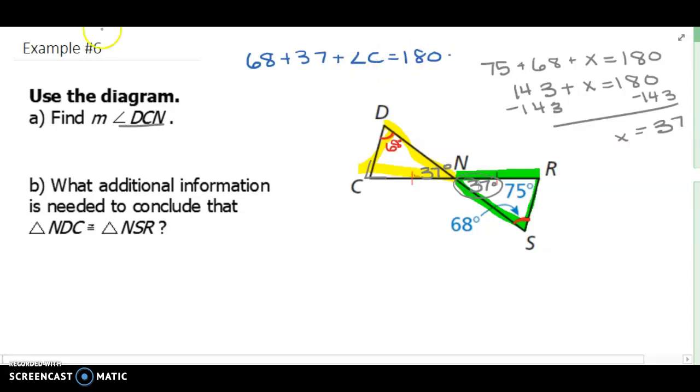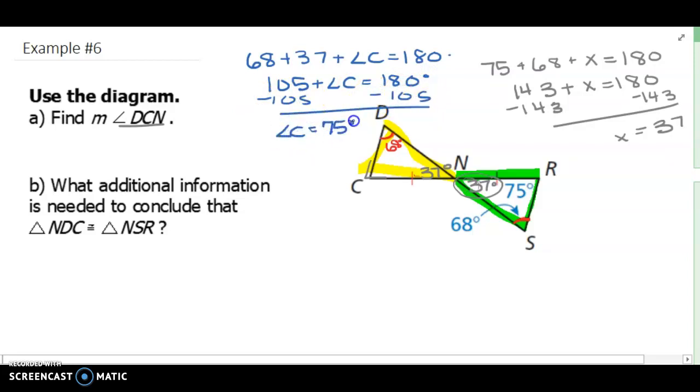And 68 plus 37 is 105 plus angle C equals 180. Subtract 105 from both sides. I get angle C equals 75 degrees. Okay, so DCN is 75 degrees.